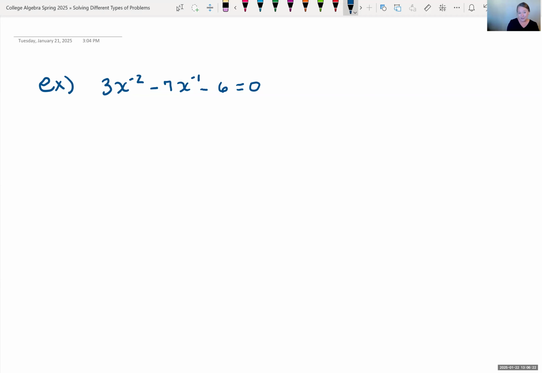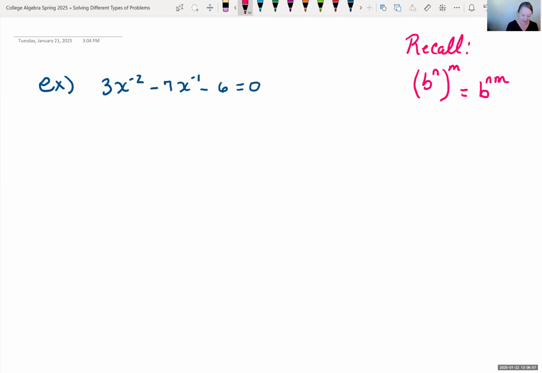In order to use that substitution method, you need to remember that if we had some base raised to a power, so for instance, recall, if we had b raised to the n power, and then that was all raised to the m power, then the rule is multiplication. So power to power, we multiply our exponent. So this is the same thing as b to the n times m power. So I'm going to use that to manipulate this to look like a quadratic.